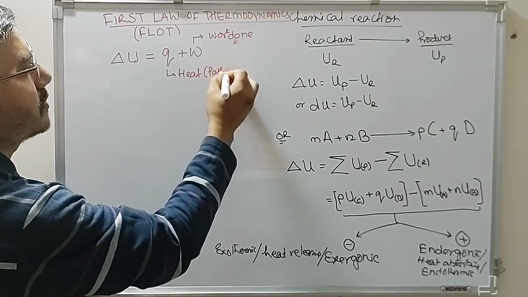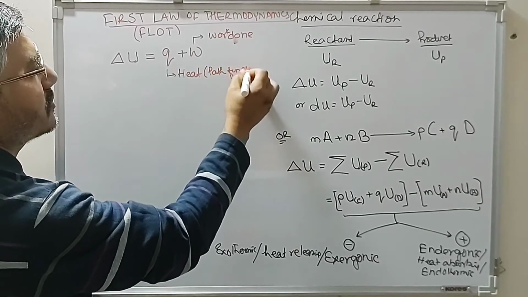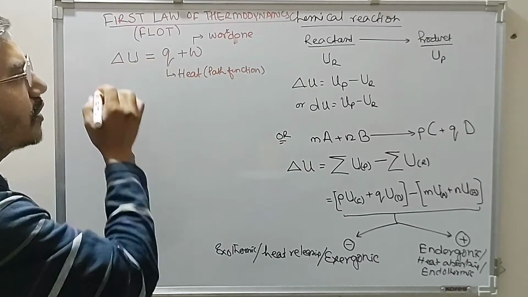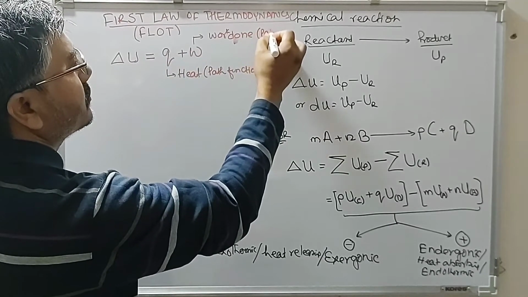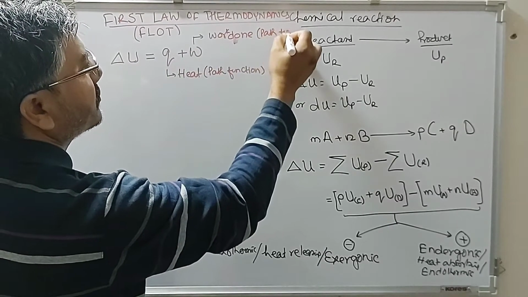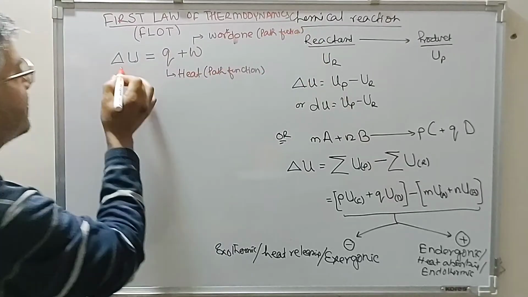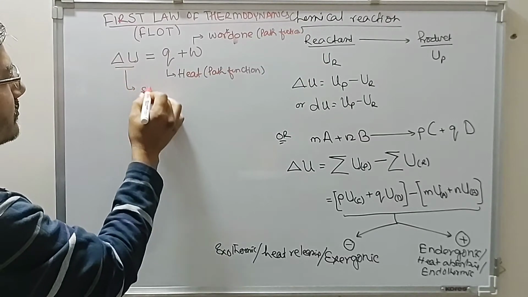This depends on the path taken for the transformation. Work done is also a path function. So the summation of two path functions gives you a state function, and this delta U is a state function.